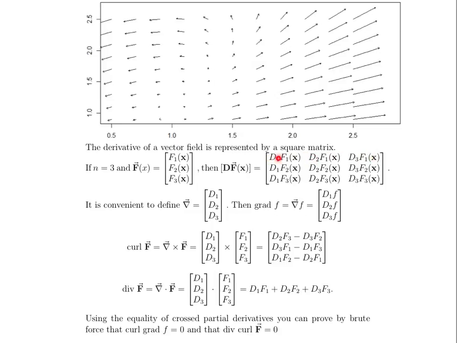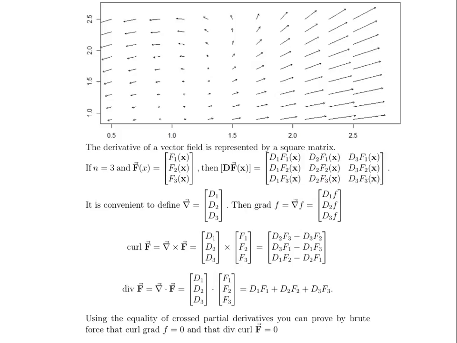This is going to be the derivative with respect to the first variable, the derivative with respect to the second, the derivative with respect to the third, and then this row will just be dealing with the second component function, the derivative with respect to the first variable, the second variable, the third variable, and down here in the bottom row, only dealing with the third component function.